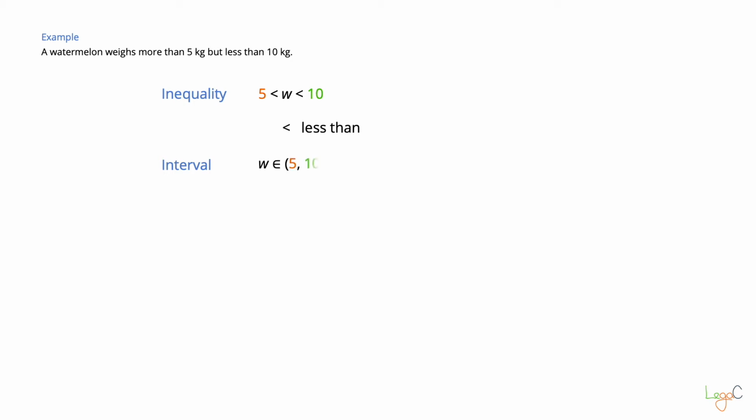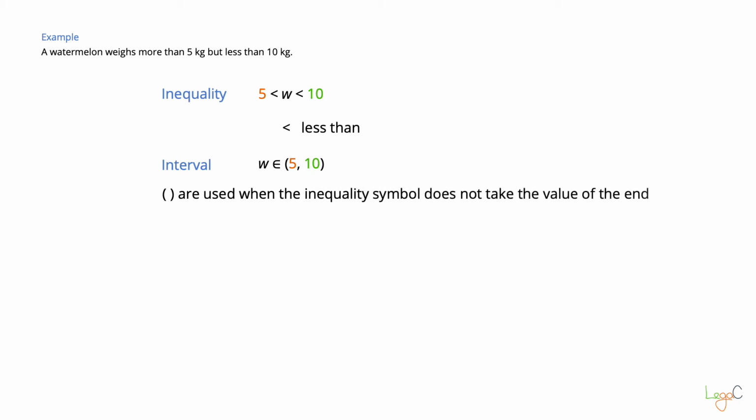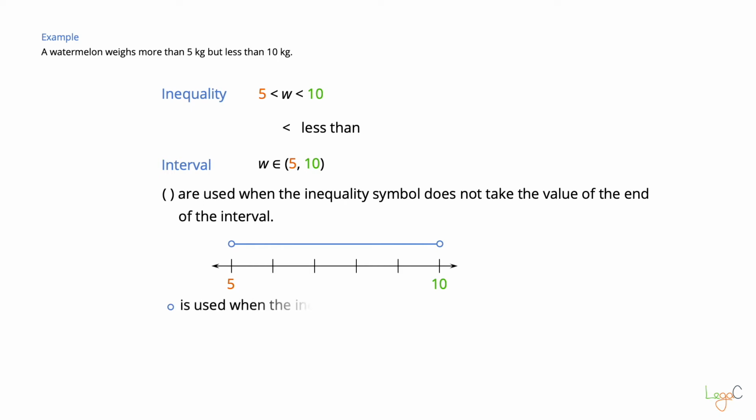Notice that the round brackets are used here because the inequality symbol does not take the values at the end of the interval. On a number line, we have this with a circle at 5 and a circle at 10 connected by a horizontal line. The circle is used when the inequality symbol does not take that value.